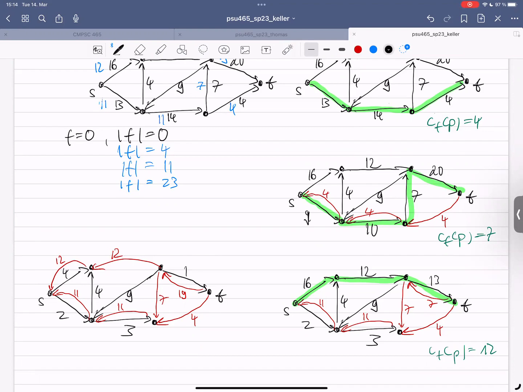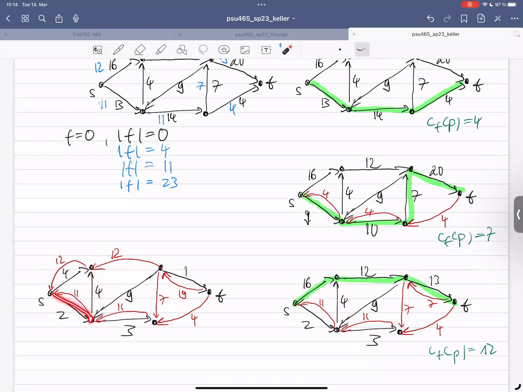And now the question is, can we find another augmenting path in this network? And unless I made some mistake, there shouldn't be any. So we can start walking from S along this edge, and we get stuck. Everything is just entering this vertex, but nothing's leaving. We can also alternatively walk along here and then continue here, and it gets stuck at the same position.